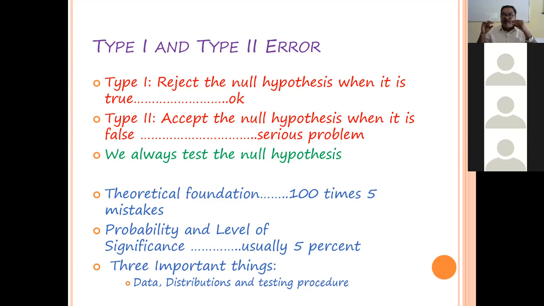The probability of committing type 1 error, or the probability of margin of error, should be less than 0.05, and the probability of your confidence should be more than 0.95. That is one condition. The second condition is that your calculated test value should be greater than the table value. If that is the case, then you are not making any mistakes.